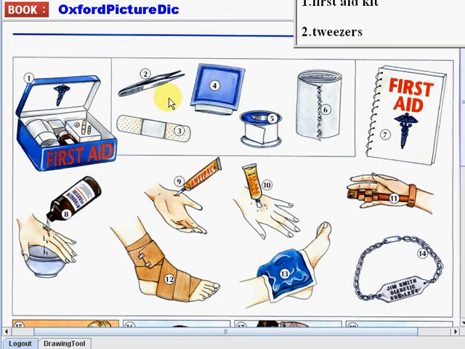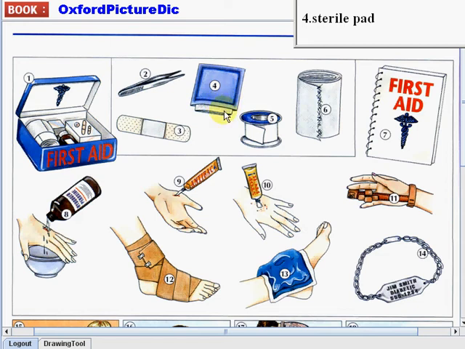Then we should have the adhesive bandage. And then we should have the sterile pad. This is the sterile pad.